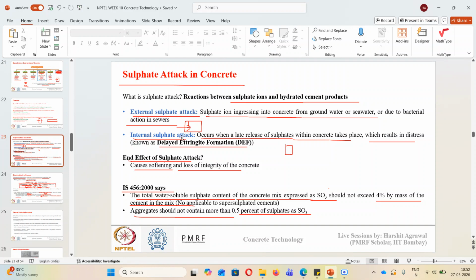Internal means the sulfate that is already present inside concrete, how it is degrading. Okay, and in both cases we will see cracking and loss of integrity of concrete due to sulfate ions, and that's why the code has posed a limit on how much sulfate there should be inside concrete when we do batching of concrete, because excess sulfate inside concrete can give rise to degradation issues.